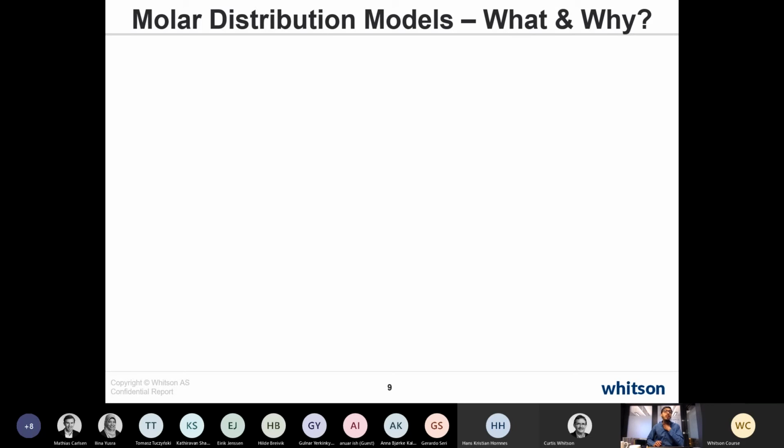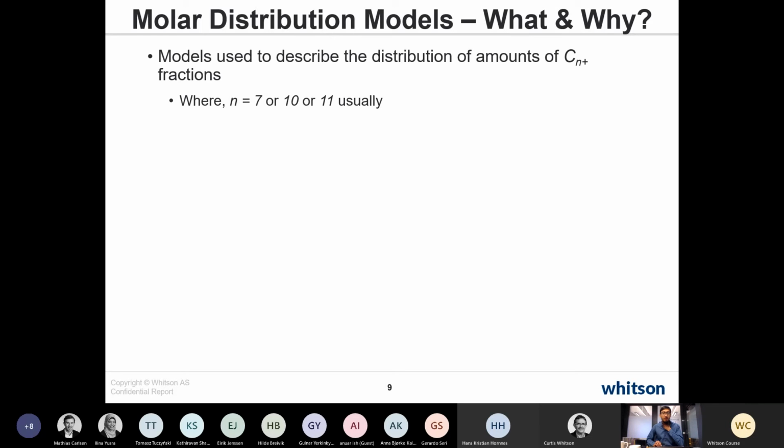As Curtis said, in 1983 PVT labs used to measure C7 plus as one component, and there was essentially no resolution on the heavier ends of the C7 plus fractions. At that time the molar distribution models were a big deal, and really needed for proper equation of state model development, because you needed more information on the C7 plus fraction.